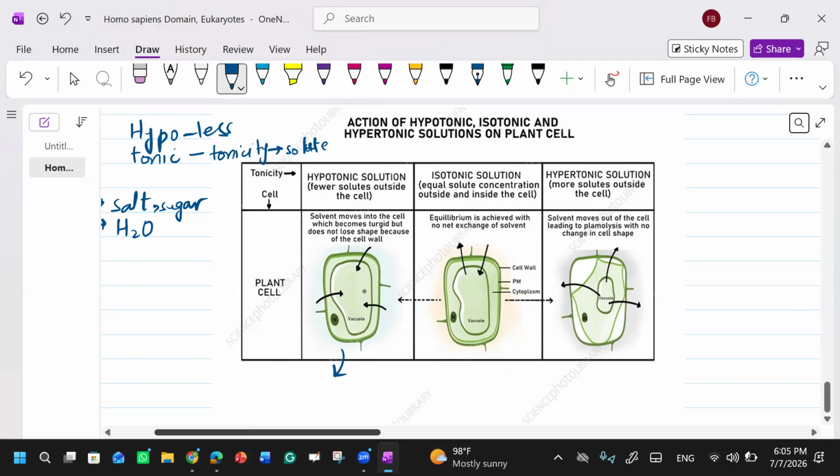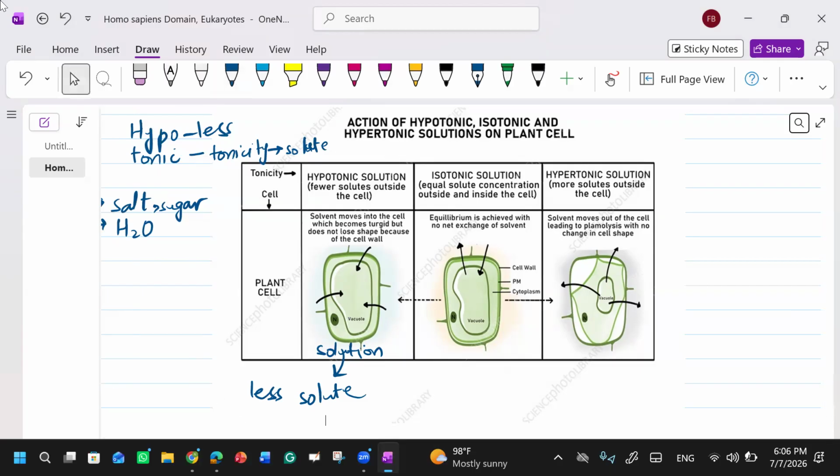This solution is hypotonic, which means there is less solute in this solution. Wait a minute.